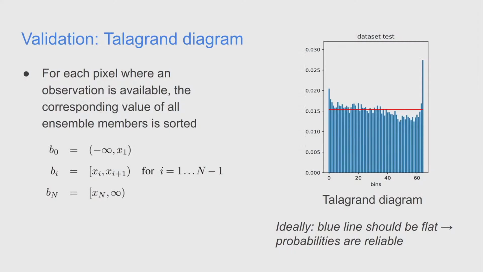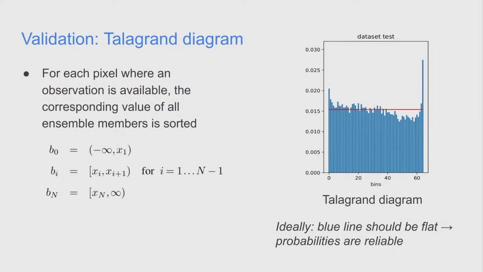The talagrand diagram is a bit mathematical, but there is a graphical representation: if you have a flat diagram, with all these blue bars the same height, it means that your probabilities are perfectly reliable. And here we are not too far away from it. We're quite happy about it.